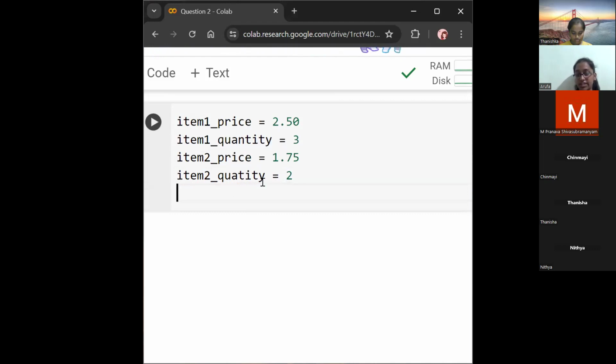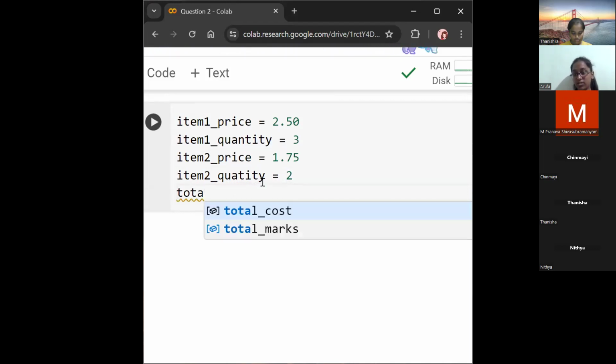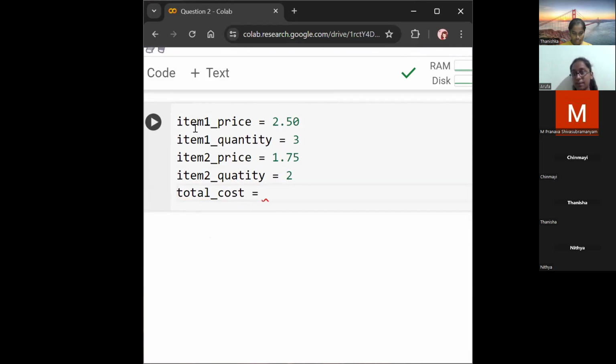Then in this question, we should find the total cost. So we'll create a variable total cost equals item 1 price.